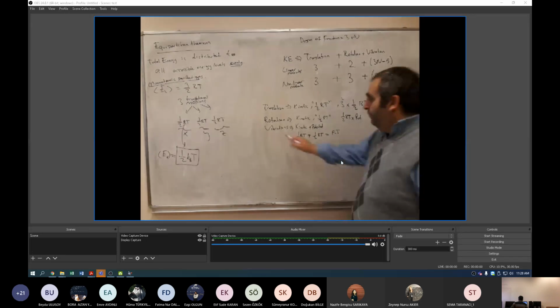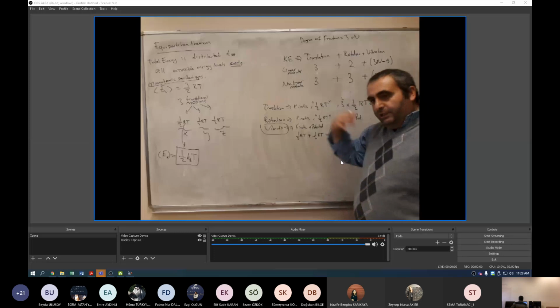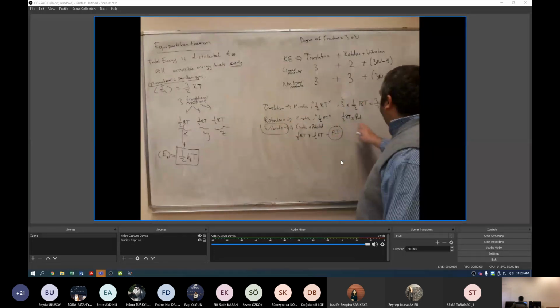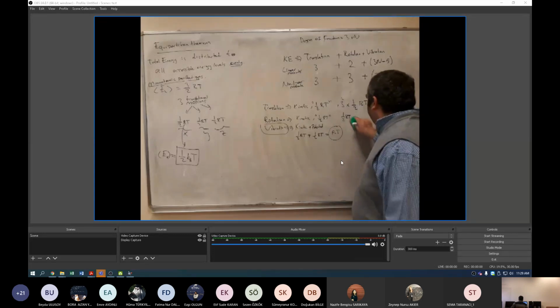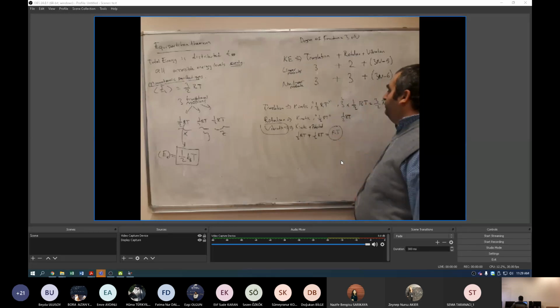Okay? So for each vibration in a molecule, there is one RT energy that will add up to the molecule. For each rotation, there will be 1 over 2 RT contribution. For each translation, there will be 1 over 2 RT.